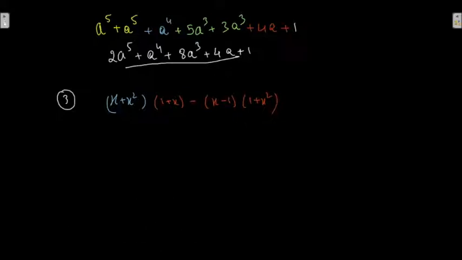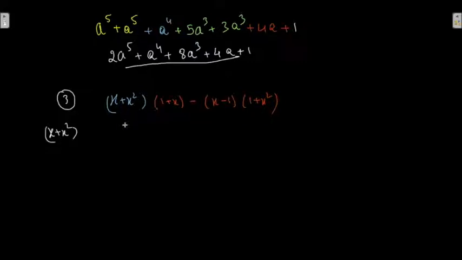So first this entire bracket will multiply with 1 and this entire bracket will multiply with x. Similarly, we'll multiply entire bracket with 1 and entire bracket with x square. Plus x square.